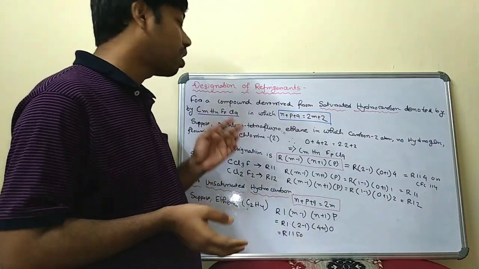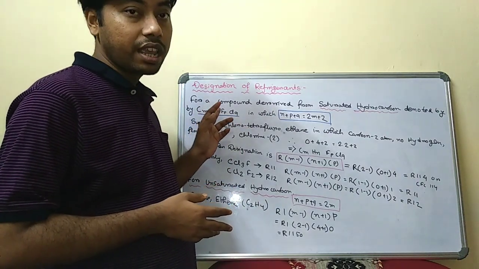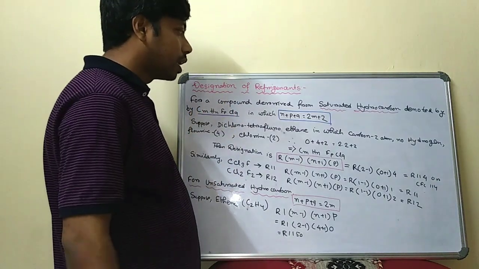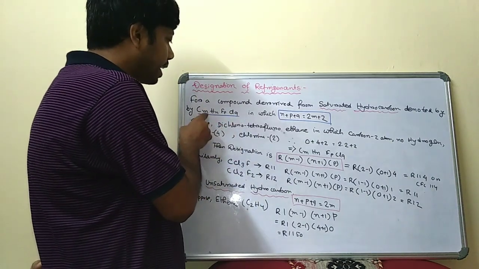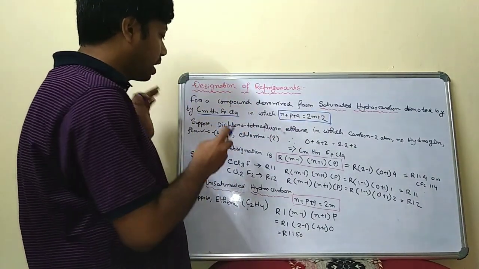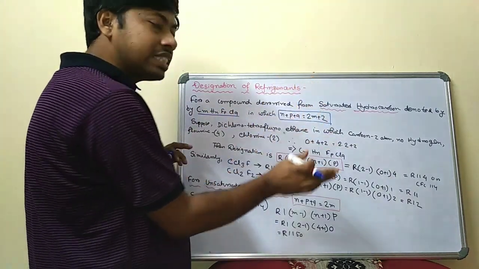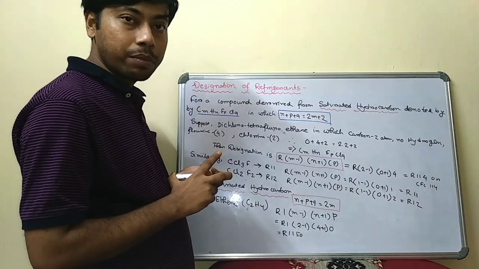For a saturated hydrocarbon, n plus p plus q must equal 2m plus 2.